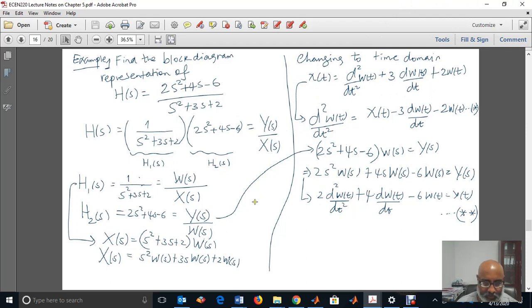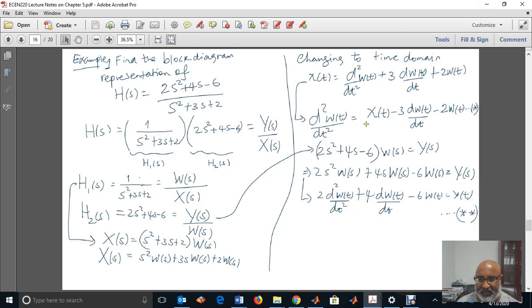Okay, now let's go to the second system. y of s over w of s is equal to 2s squared plus 4s minus 6. Remember, h1s times h2s will give me y of s over x of s. If you multiply the two systems, w of s will cancel w of s, and we will have y of s over x of s.